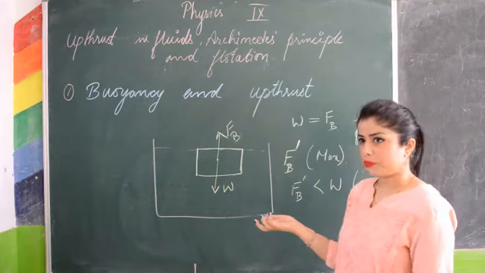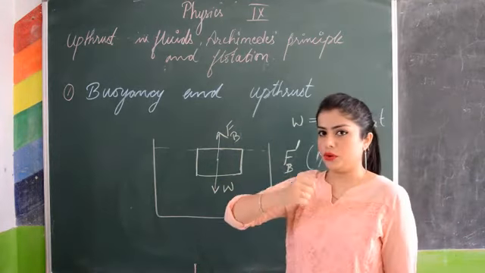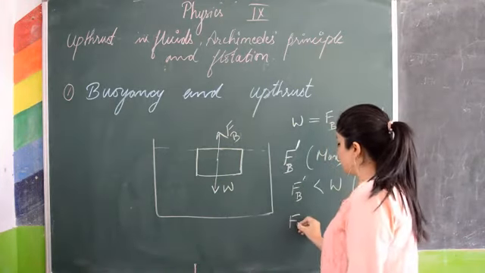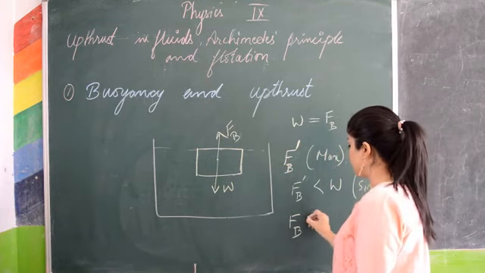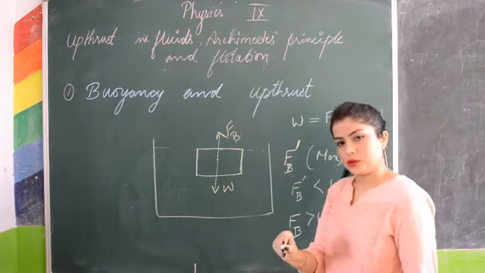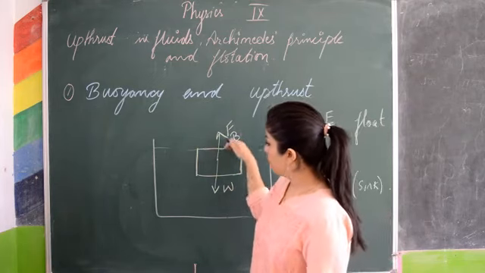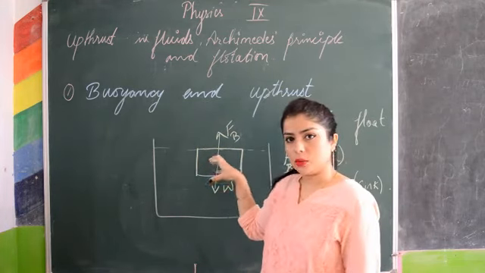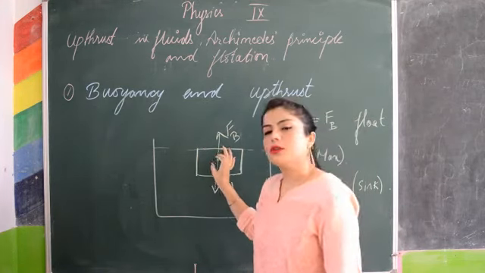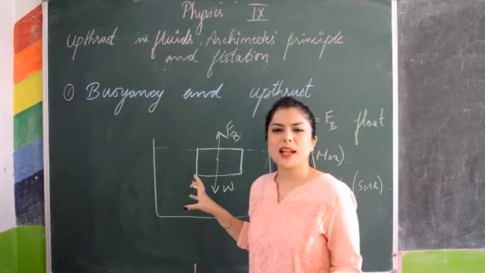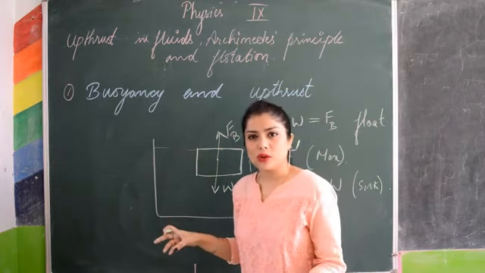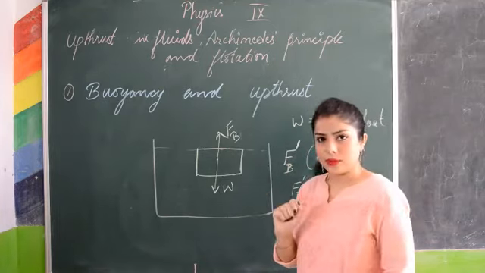Now suppose this upthrust is huge compared to the gravitational force. Suppose you put an object in the water whose weight is very less, like an empty can. It has got only a few grams of weight. So if it is less, then what happens?